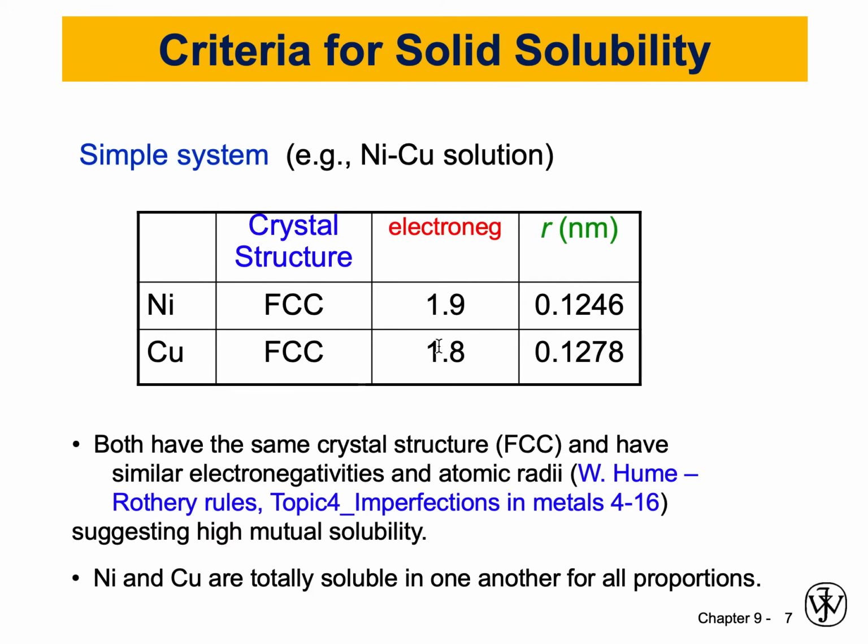And also they need to be very close in electronegativity, 1.9 and 1.8, and the radius of the atoms is very close, 0.1246 and 0.178, which means that nickel and copper can be totally soluble in one another for all proportions, from 0% nickel and 100% copper to 100% copper and 0% nickel. And that's why we're going to use this example over and over in our next slides and videos.